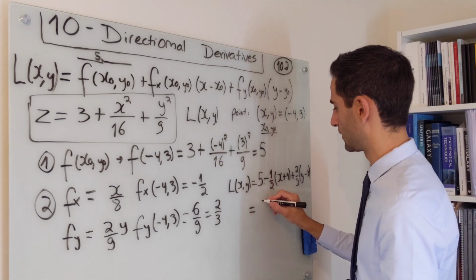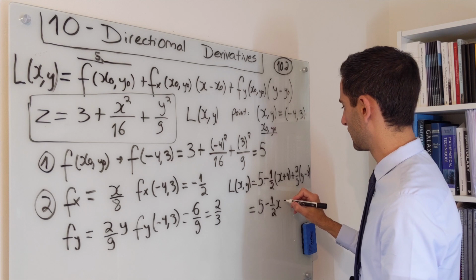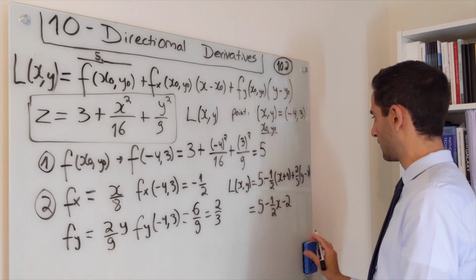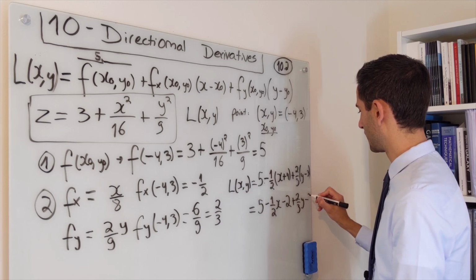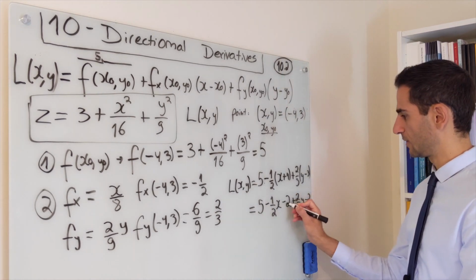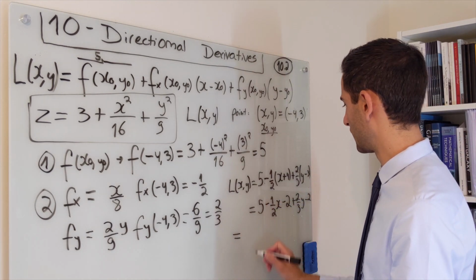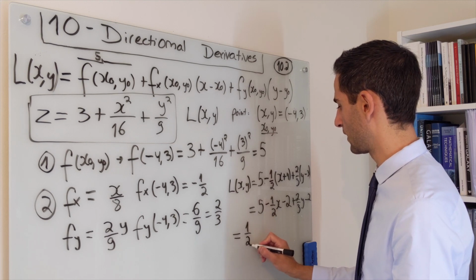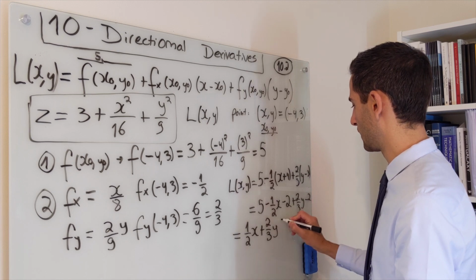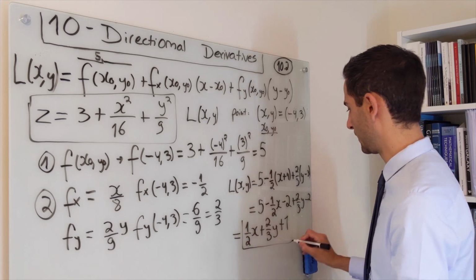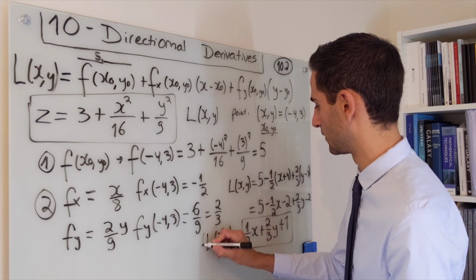And you can also write this as 5 minus 1.5 x minus 2 plus 2/3 y minus 2. And you'll see that these terms will end up being just 1, and you can write it as -1.5 x plus 2/3 y plus 1. And this would be the equation for your linear approximation to this function.